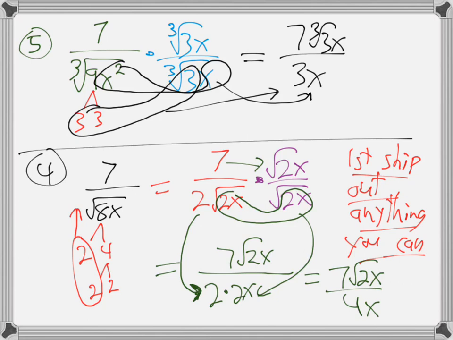So you never move the whole thing on the bottom, the denominator. You just do whatever is in the root. Say that again? So we don't multiply the 2, getting the square root 2x on top and bottom, just the square root 2x. So I don't multiply 2x and 2x?